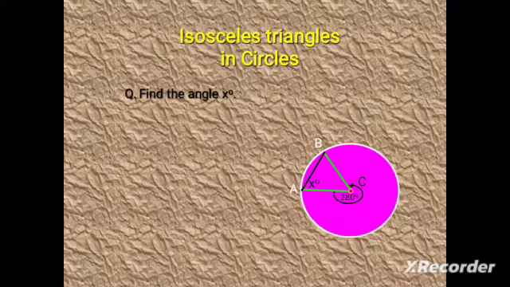That is, we want to find the value of that given angle. And so we are going to start by finding the angle at the center of this circle, so that we find the inner angle of the isosceles triangle inside the circle.